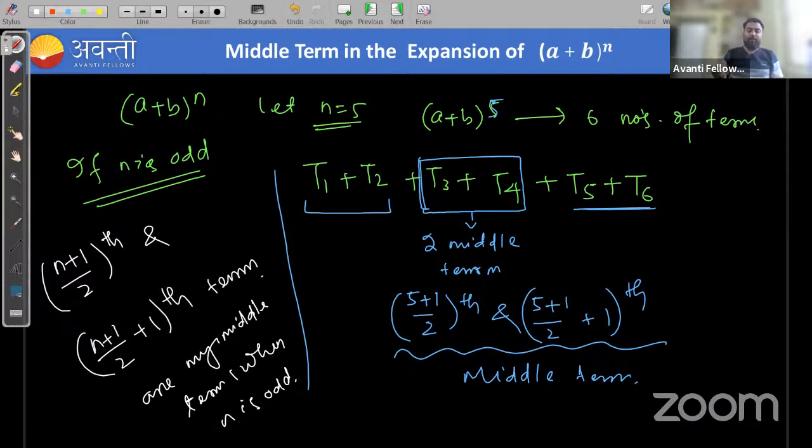Now, how can you find the terms after finding the middle terms? You got to know that the third and fourth terms are the middle terms of this given expansion. If I ask you what that third term and fourth term are, how can you find them? That is also important.